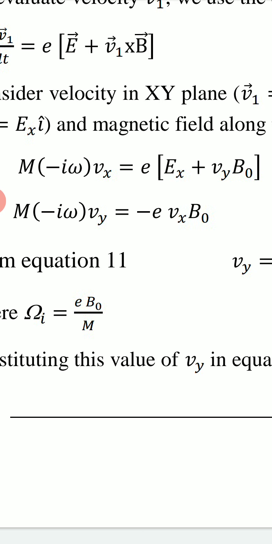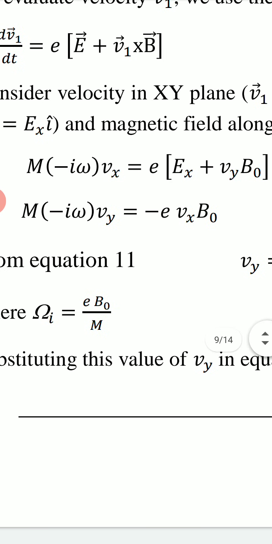These x and y components of v1 vector cross B vector can be determined by using a determinant. v1 vector cross B vector is equal to a determinant having the first row as i cap, j cap, k cap.